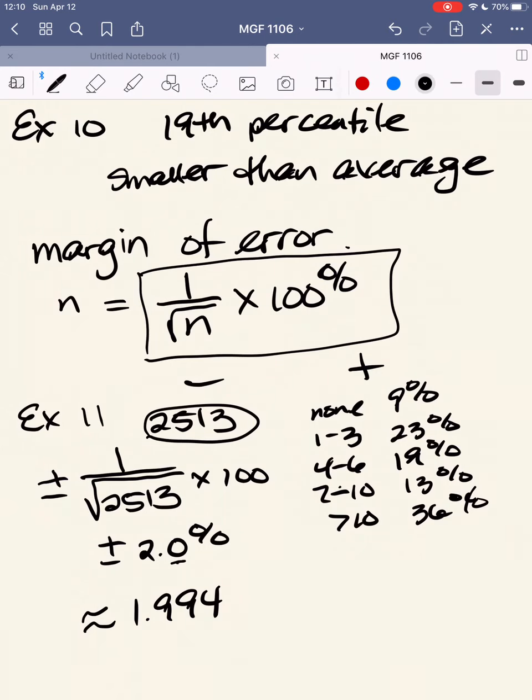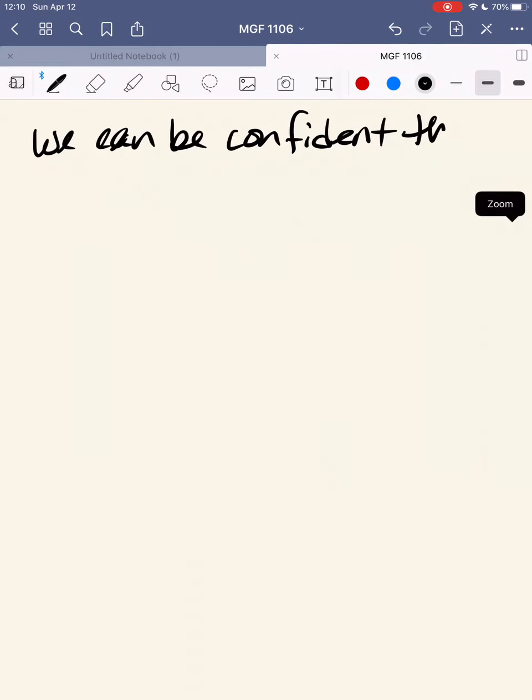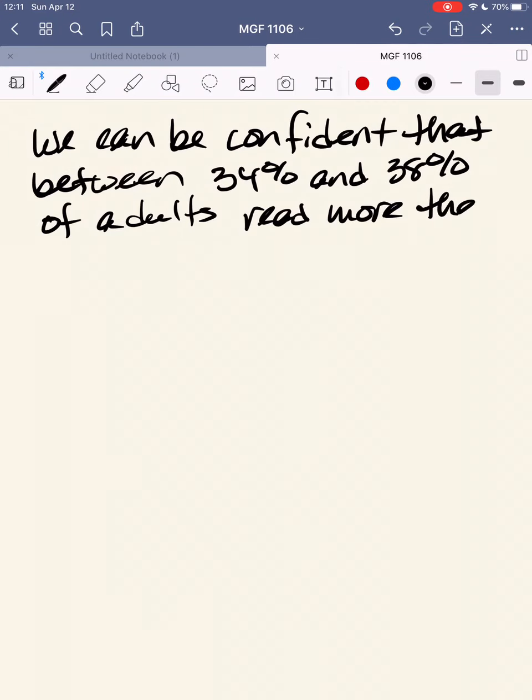Okay, how would we express this in words? We can be confident, and the wording is important here, that between 34% and 38% of adults read more than 10 books a year.